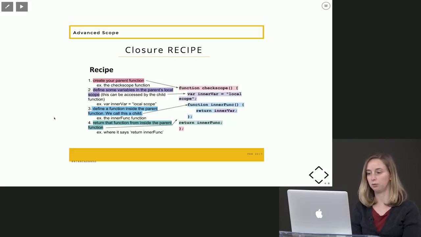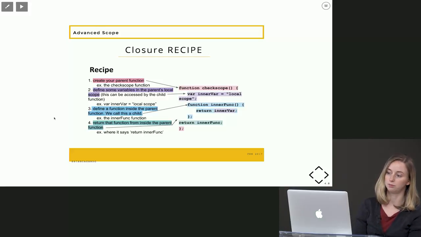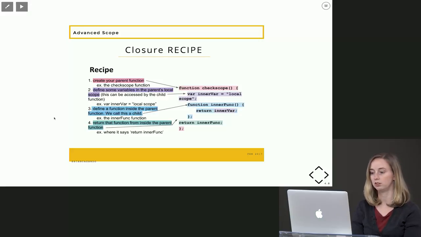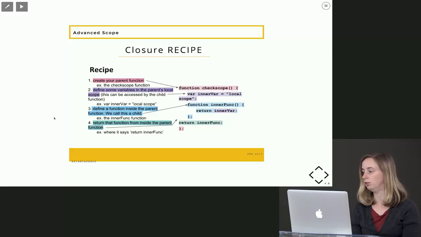It could be a variable that you declare, or it could be a parameter value as well. Then inside the inner function, you either want to access or manipulate the variable in the parent scope. And then you return that function so that later you can call it and do whatever fun stuff that you want to do.